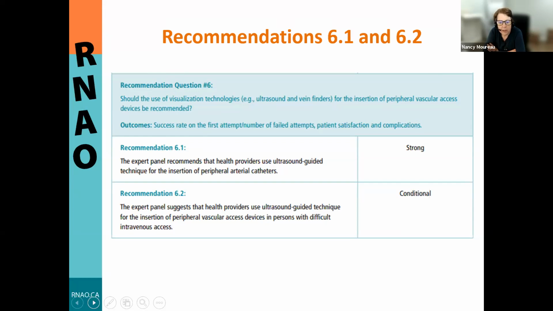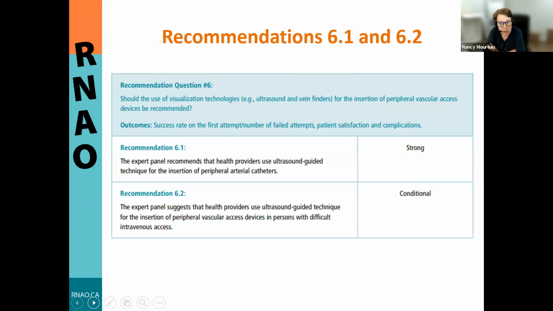For both of these recommendations, the expert panel cautioned that appropriate scope of practice and level of training or expertise needs to be considered when applying the recommendations and determining the most appropriate health provider to insert the device. This recommendation will have to be implemented with more care and thought to the persons receiving care, the providers using ultrasound-guided insertion techniques, as well as within the clinical setting itself.